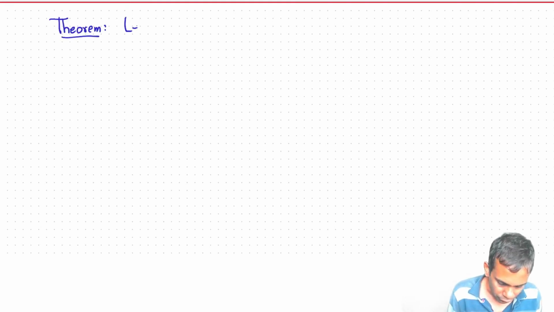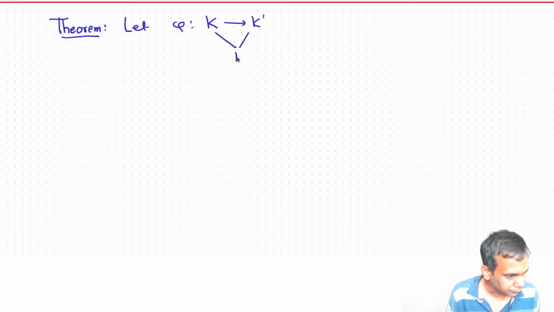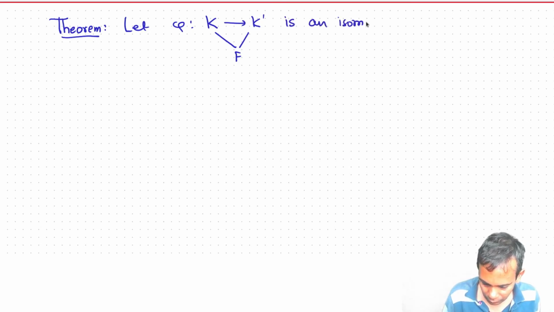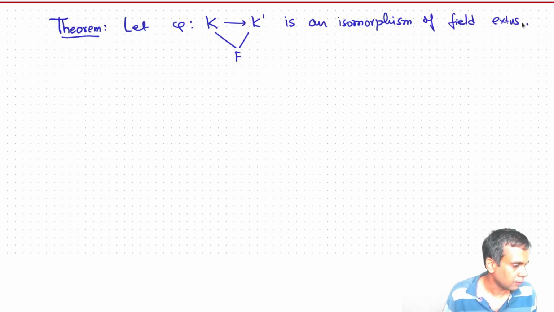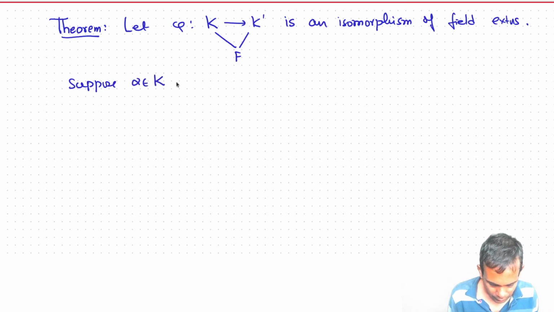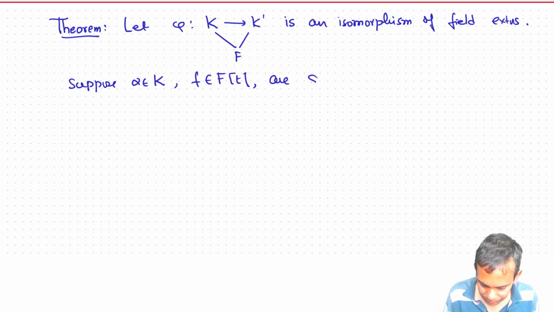Suppose phi from K to K prime over F is an isomorphism of field extensions, and suppose alpha belongs to K is an element, and f is a polynomial in F[t], such that f of alpha is 0.